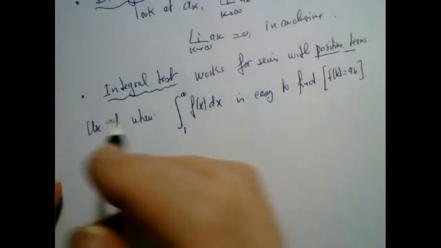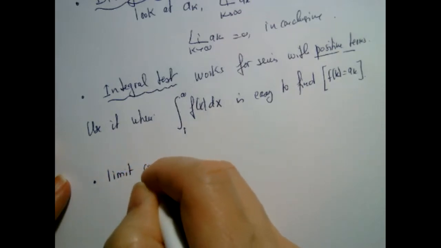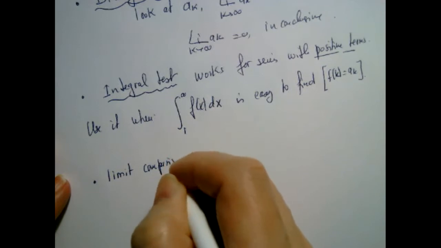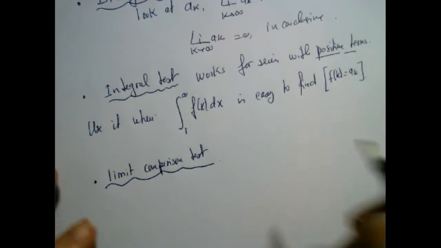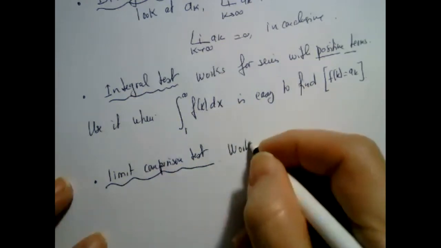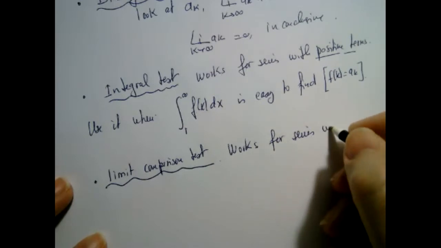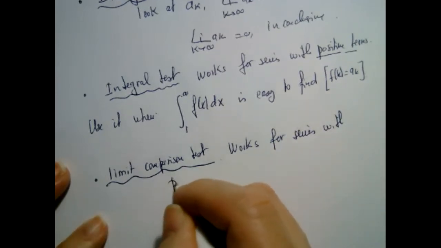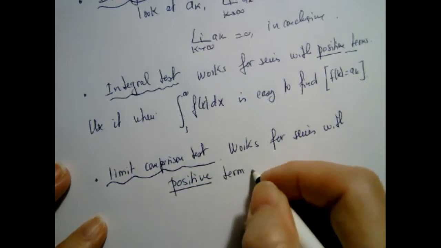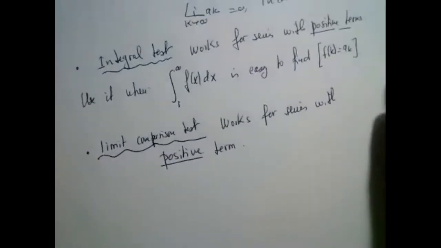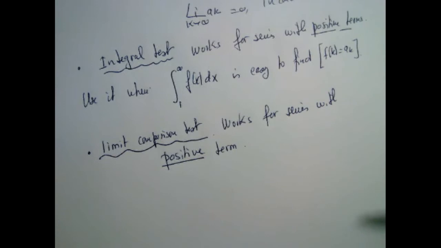Then we have the limit comparison. The limit comparison also works for series with positive terms only. The idea is we have to look at the series and compare it with another one whose behavior we know.